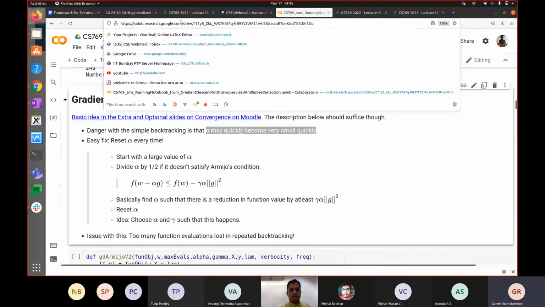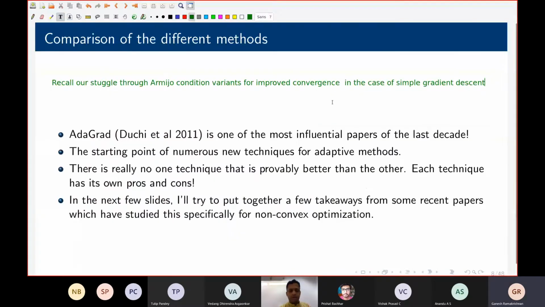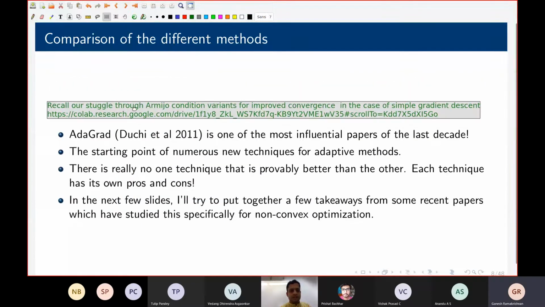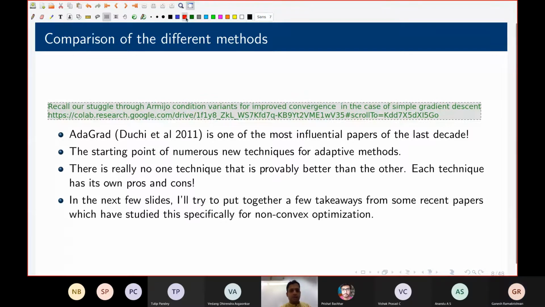In that sense, AdaGrad was a big contribution.